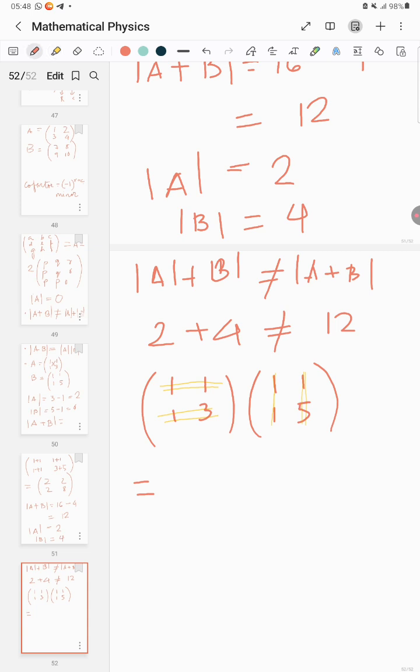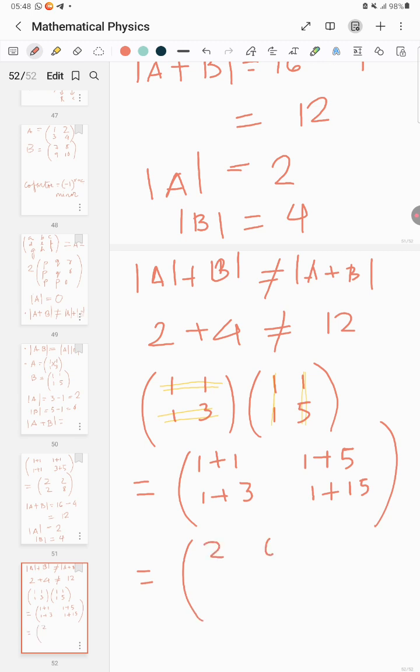Alright, so let us multiply it. This gives 1 plus 1, 1 plus 5, 1 plus 3 and 1 plus 15. So 2, 6, 4 and 16. This is our AB.